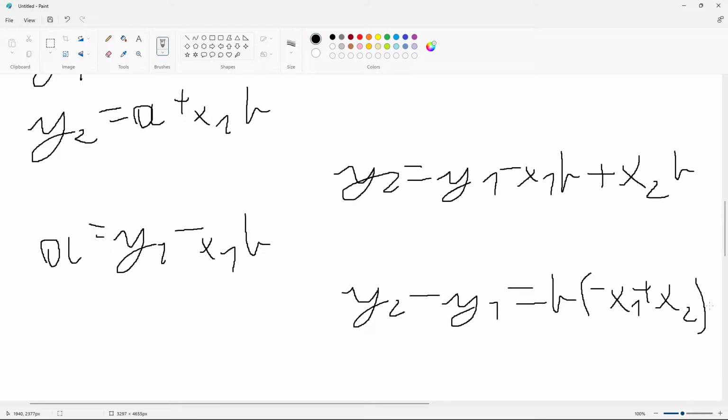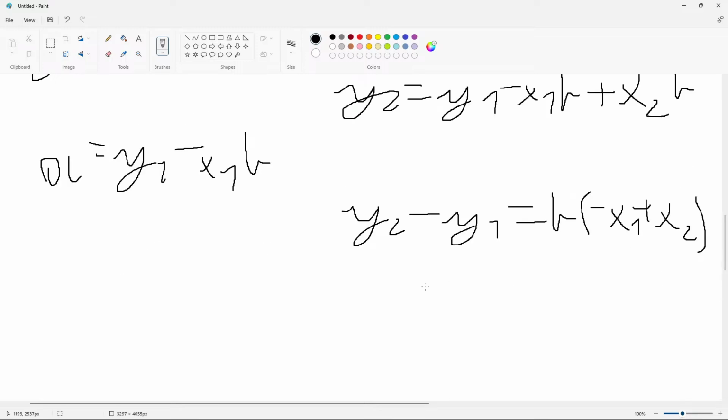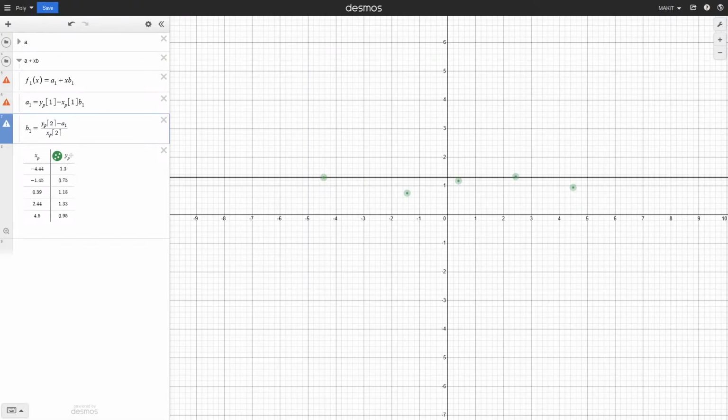This is very convenient because then we can just divide both sides by this, which gives us b, which is equal to y2 minus y1 over negative x1 plus x2. And now if we input that, it should be correct, I'm hoping.